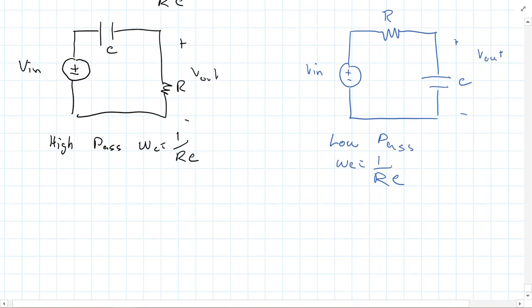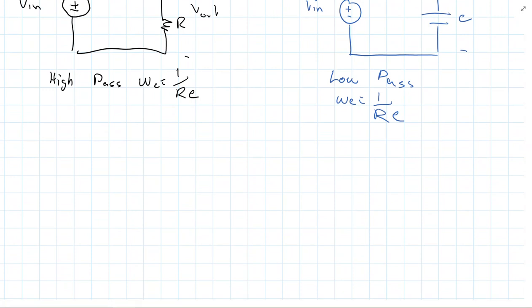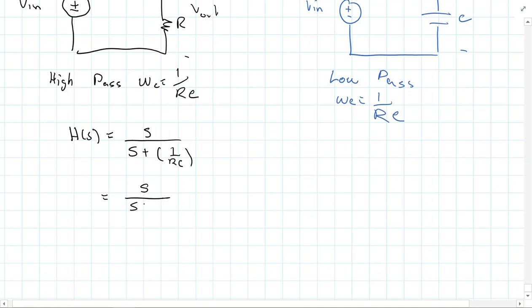Now, one final thing we should talk about in the video before we end it is what was my transfer function for my high pass filter. We had S over S plus 1 over RC. So in other words, we had S over S plus omega c. So let's write another thing here.